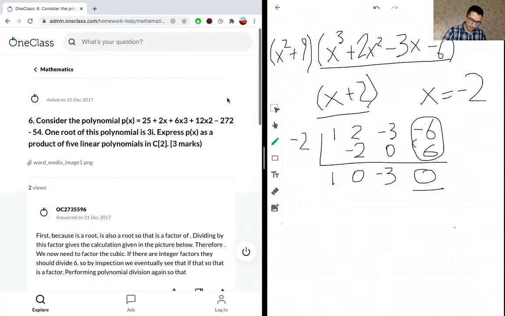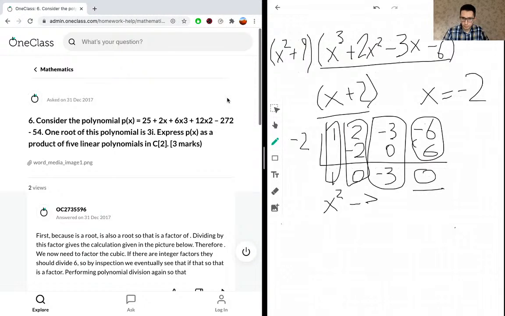And we know that we're left with x squared. This column represents x squared, this represents x, and this represents just the constant. So we know x squared plus 0x, which is just 0, minus 3. That's the solution for dividing x plus 2 into this function that I have underlined up above.